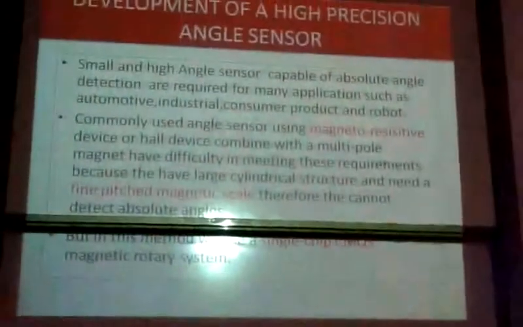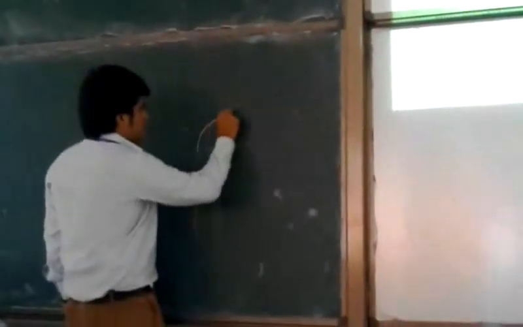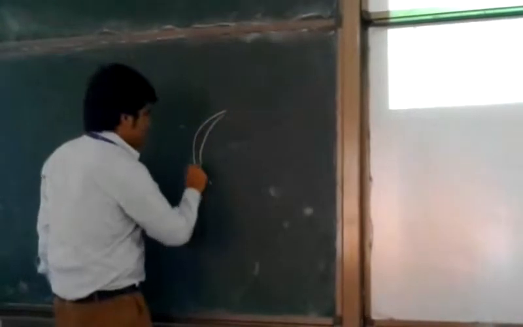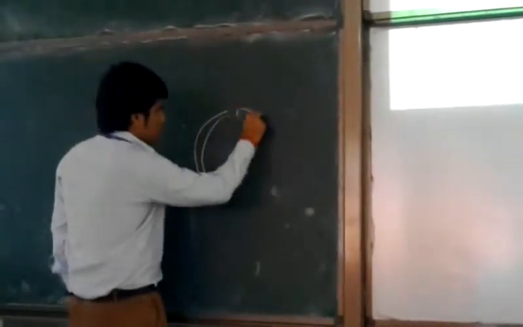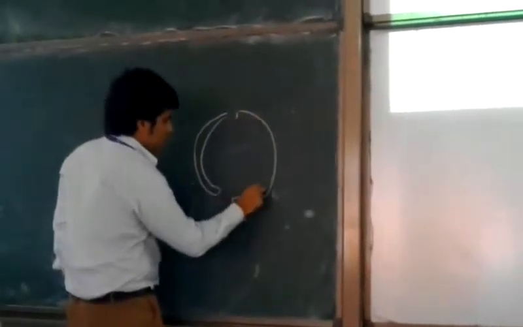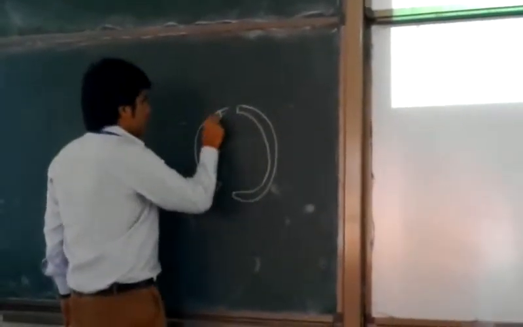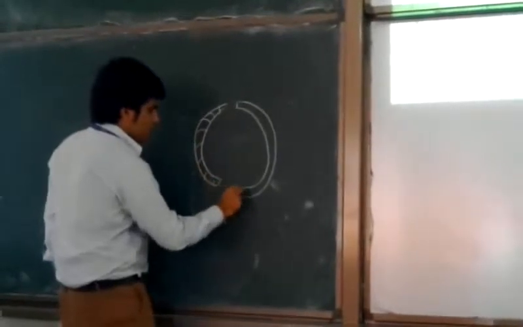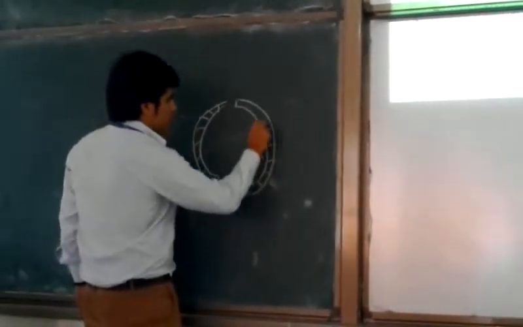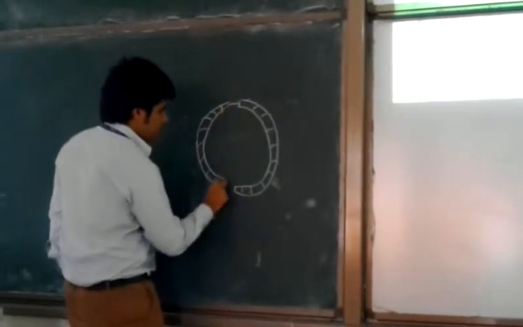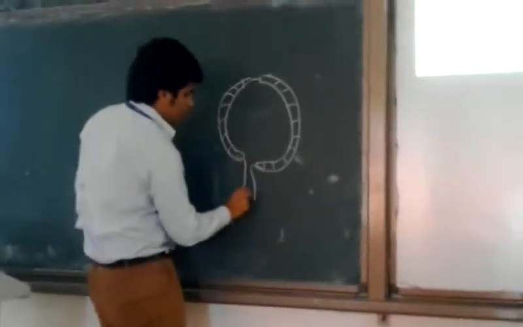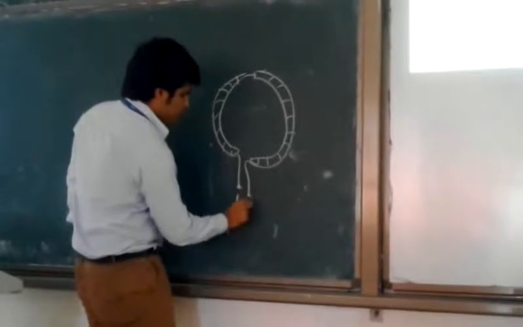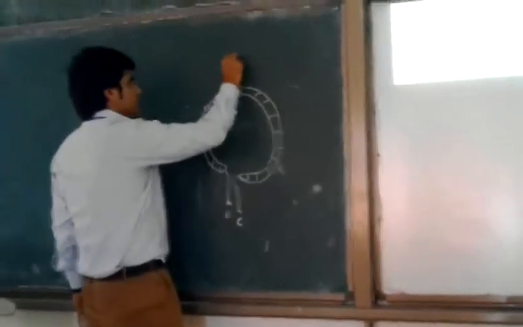So, what is magnetoresistive? Let me discuss the magnetoresistive potentiometer. It is nothing but an insulated coil on which the resistive wire is wound, with the contact. This is port 1, this is port 2, and this is port 3.